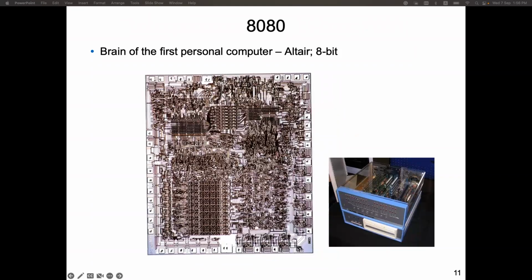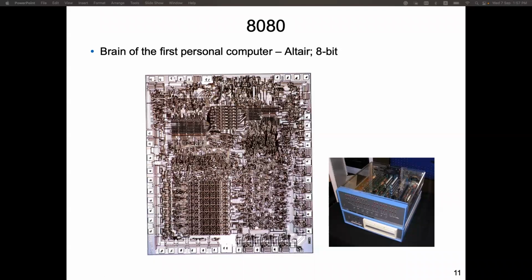The next milestone is an 8-bit processor by Intel called 8080. More transistors were put on the chip. It was used for the first personal computer, called Altair. At that time, computing power was classified into mainframe, minicomputer, and personal computer.